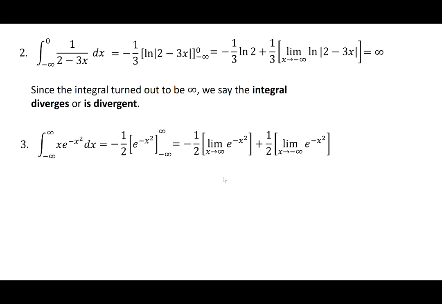As x approaches infinity. Maybe I should ask you a question. What is negative 2 square equal to? How many of you said positive 4? Nope.